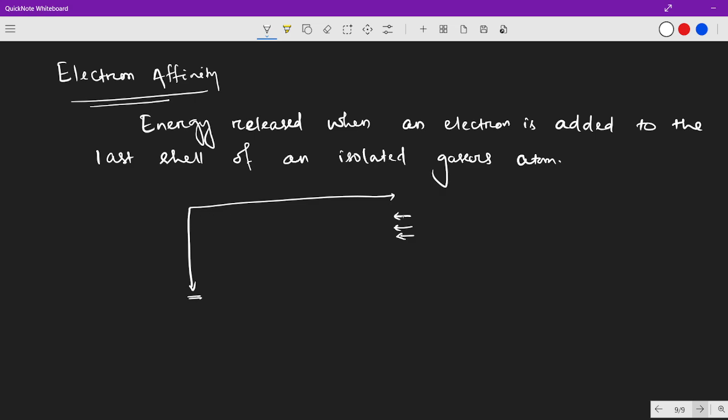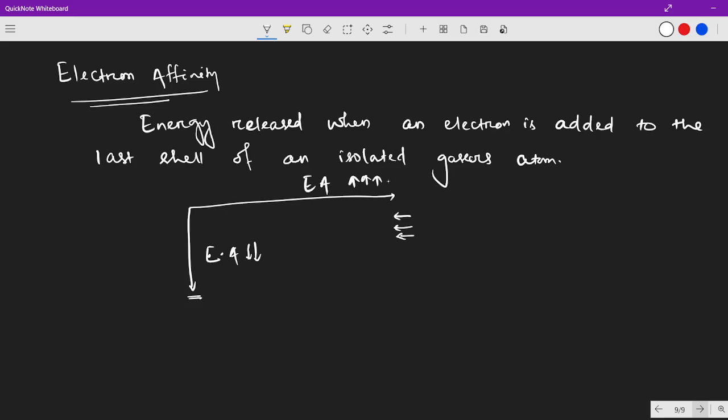If they are easily accepting the electron, that means energy release will be less. But here it is difficult, that means energy release will be more. So electron affinity will decrease here and electron affinity will increase here.